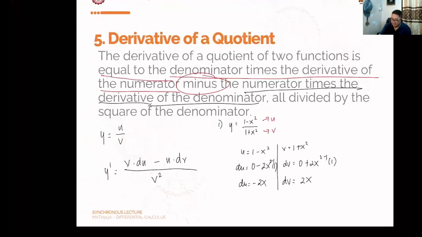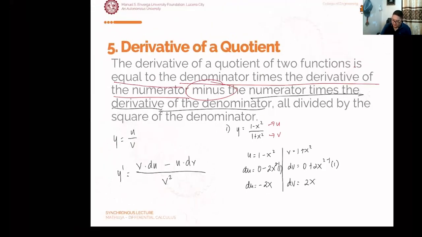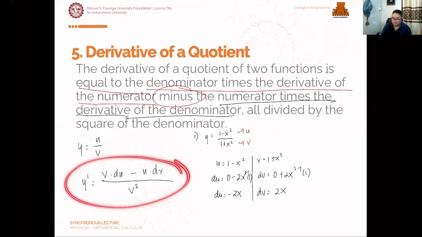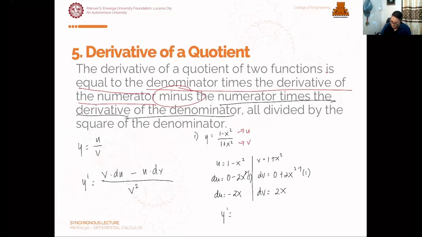Once na meron na tayo niyan, substitute mo na doon sa given formula mo. So, pag sinubstitute natin, y prime is equals to v du. So, v natin is 1 plus x squared, tapos du is negative 2x, minus u dv. So, 1 minus x squared. Then dv natin is 2x all over squared ng denominator, which is 1 plus x squared.